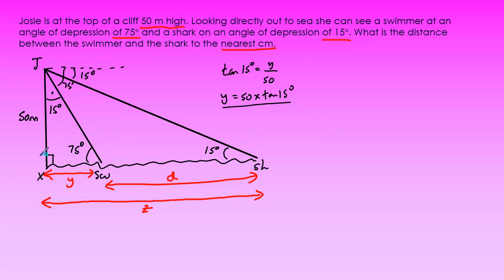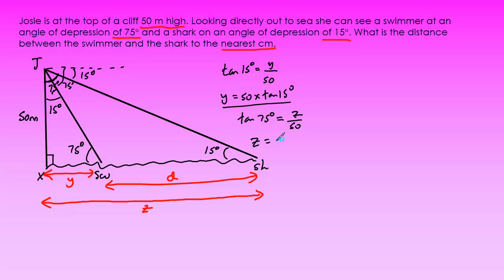If we do the same thing in the big triangle all the way round, rather than using this 15 degrees, if that's 15 degrees there, this angle at the top here must be 75 degrees. So tan 75 degrees would be equal to Z, which is the opposite, over 50.